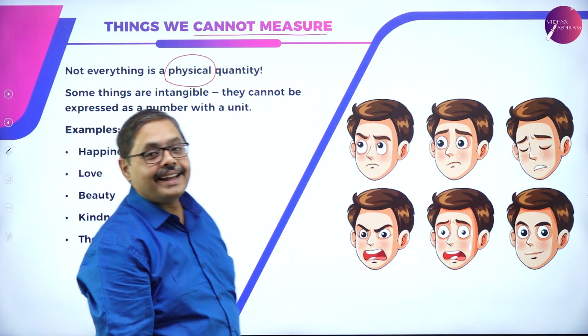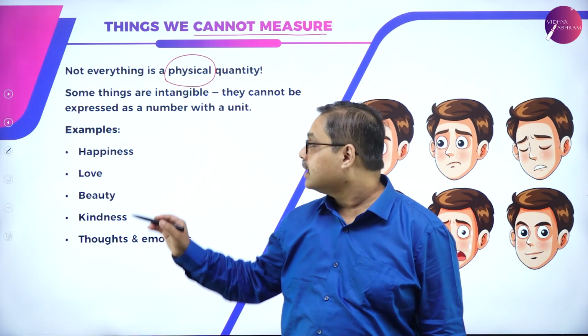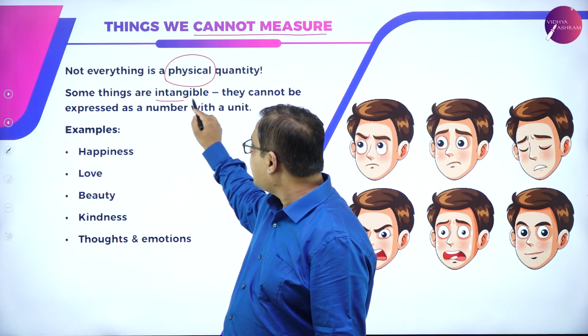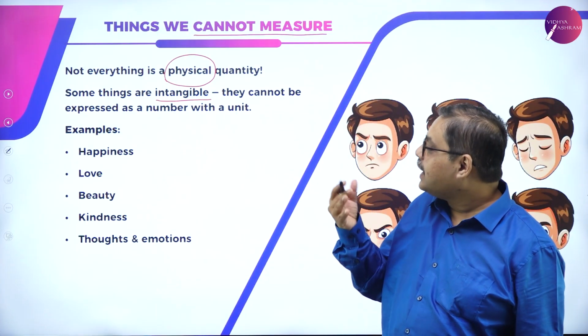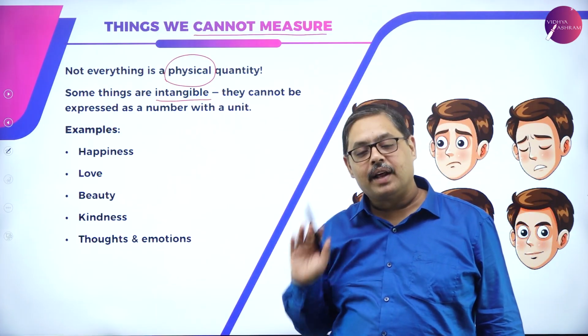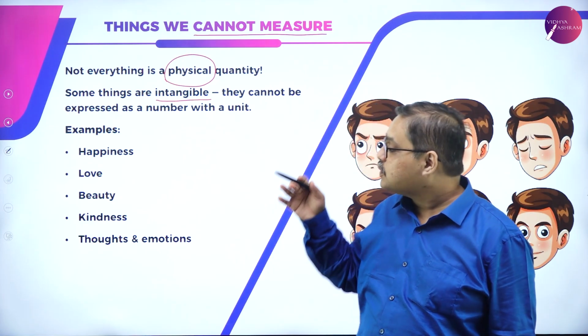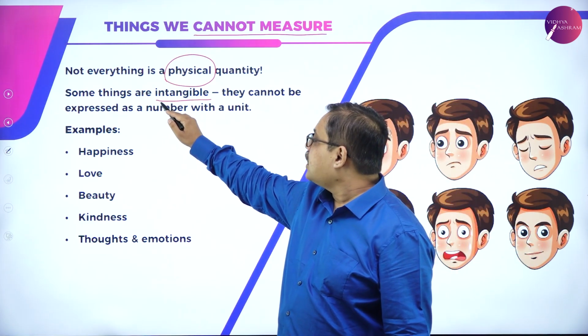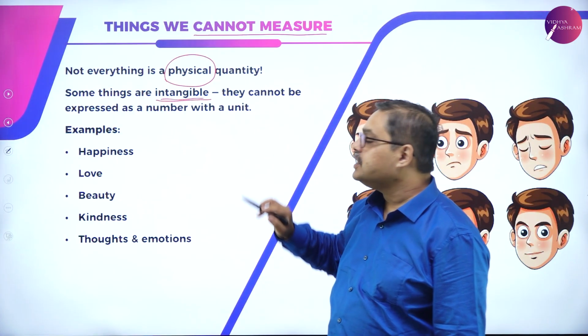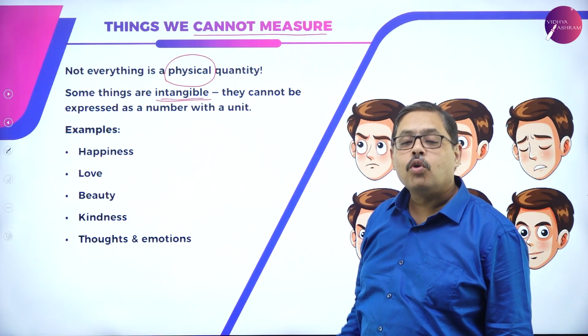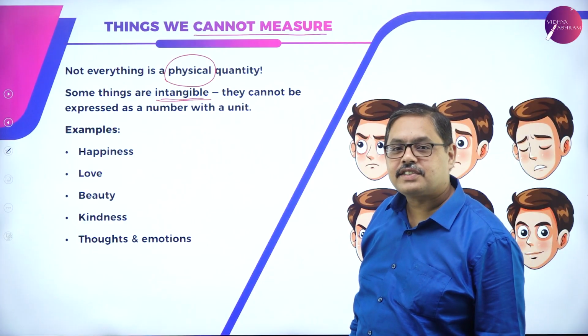Some things are intangible in nature, which means that they cannot be expressed in the form of a number. Okay? Those things which cannot be measured or expressed as a number are called intangible. So, what are these intangible quantities?